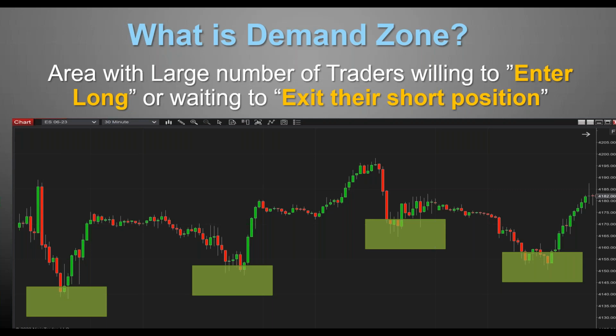Anytime we say there is a demand in a particular price range, it literally means this price range has a lot of buyers' interest. The price will be hard to go down below the price range. Anytime there's a bounce or a pause on the downslide, we call it demand. In other words, it's the area with the highest interest in going long, or buyers' interest.